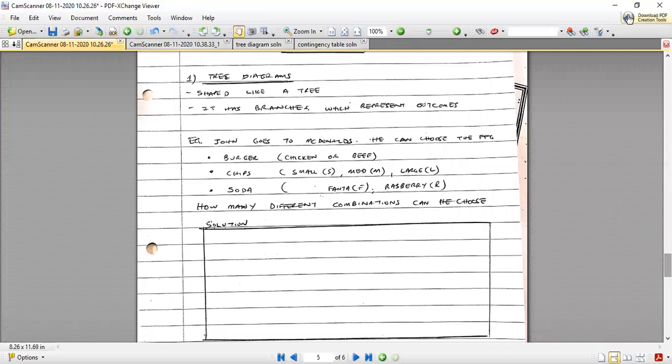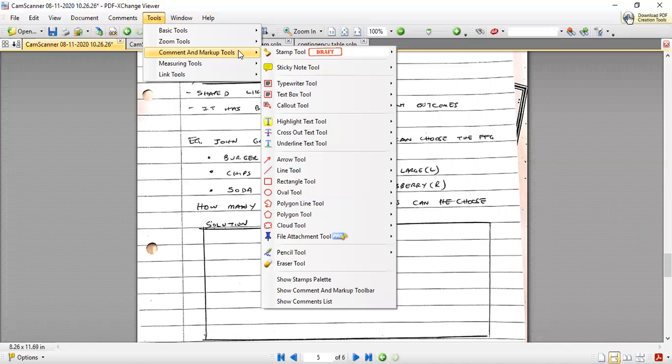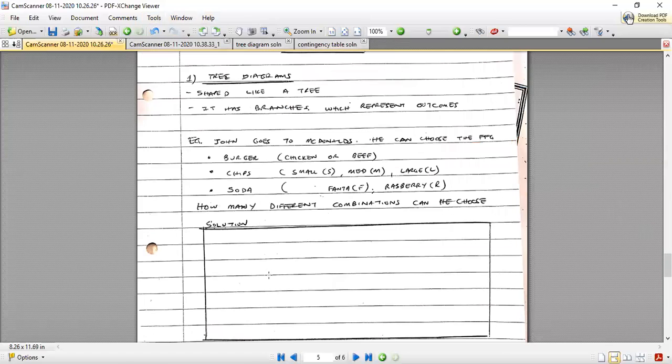So if you look at the sketch there below, a tree diagram would start like that there and then branch out in different branches, depending on the number of events that we are considering.